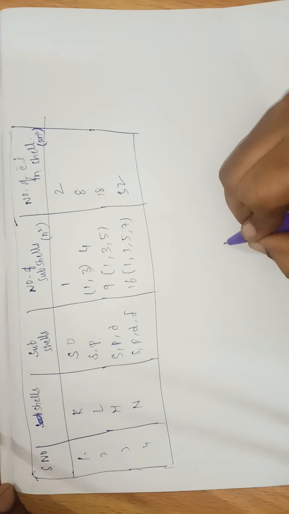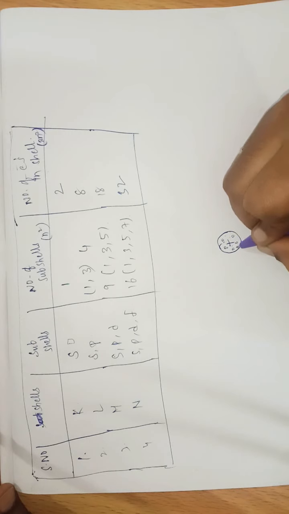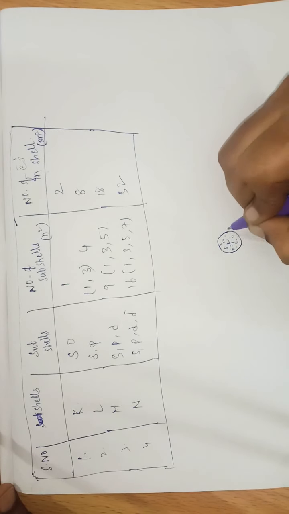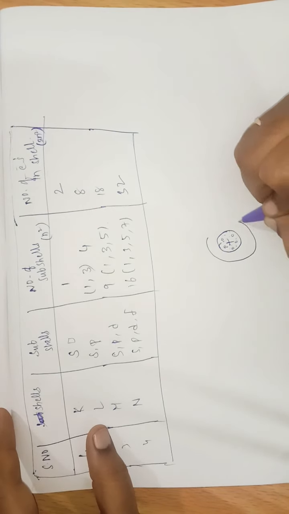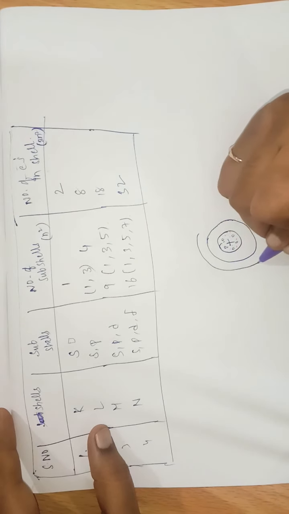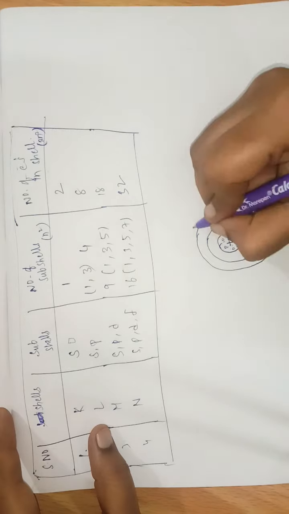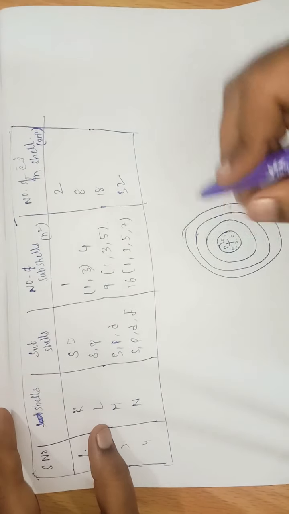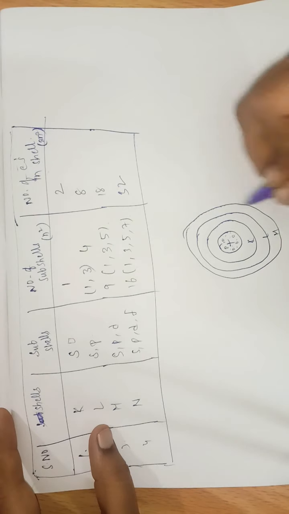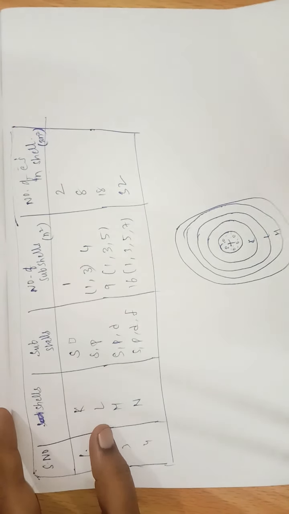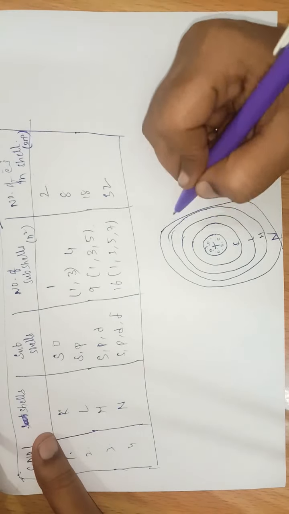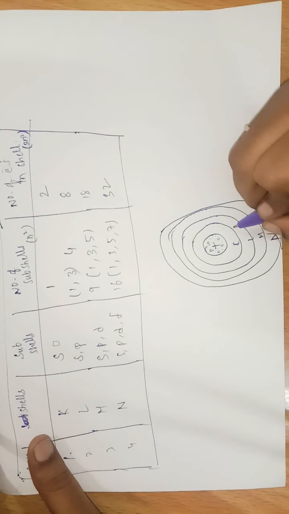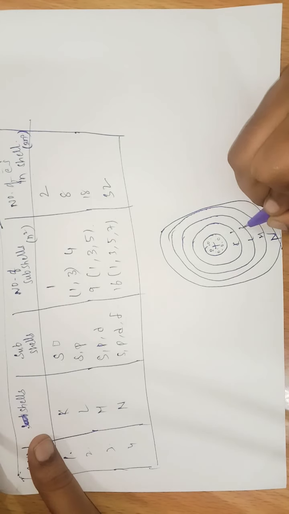I'll explain again. The nucleus has protons and neutrons, neutrons being neutral and protons positively charged, and it has stationary orbits or stationary energy levels, or shells, indicated with K, L, M and N. K, L, M, N, and also 1, 2, 3, 4 energy levels.